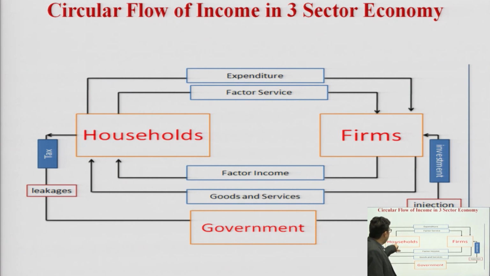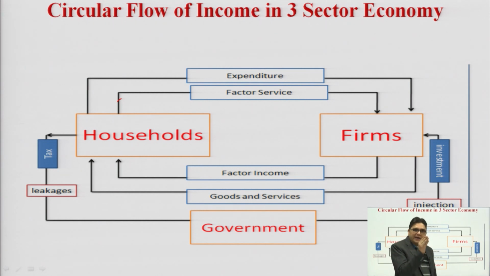Now what happens in the three sector economy? The households give factor services. Factor services, I mean to say, are land, labor, capital and entrepreneurship, the four factors of production, which are given by the individuals and are known as factor services. They are offered to firms, and in return these firms give us factor income.